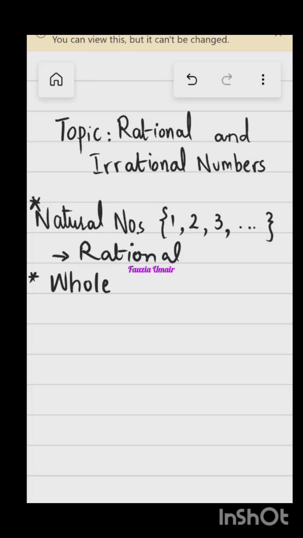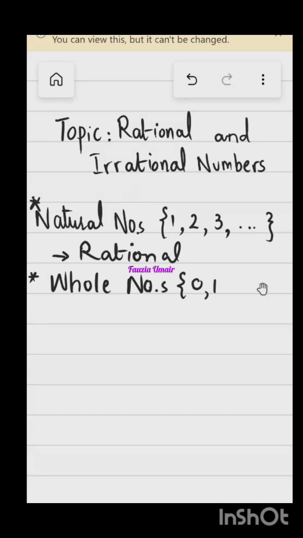So what are whole numbers? Anyone else? Tathir? Whole numbers are numbers that start from 0 and go till infinity. Excellent. So there is an extra zero included.